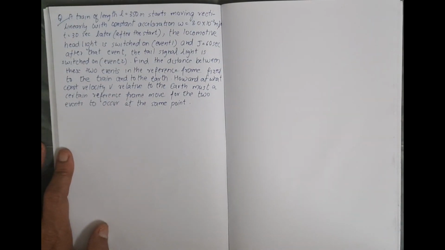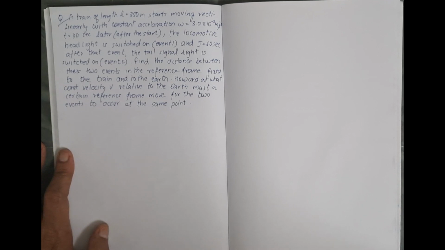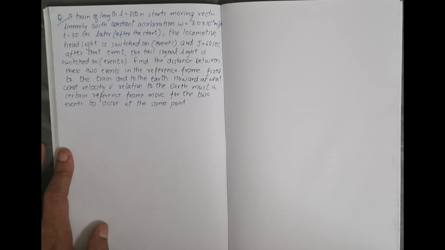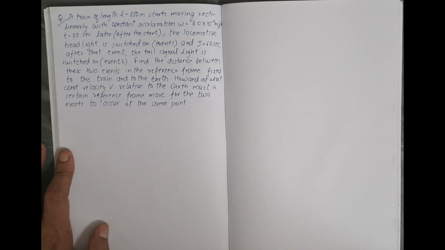So if I am in the reference frame fixed to the train, the only thing I will see is that event 1 is happening at the head, the front end of the train, and event 2 is happening at the tail end of the train. From any reference frame fixed to the train, the distance between event 1 and event 2 is equal to the length of the train, because event 1 is at the front end and event 2 at the back end.